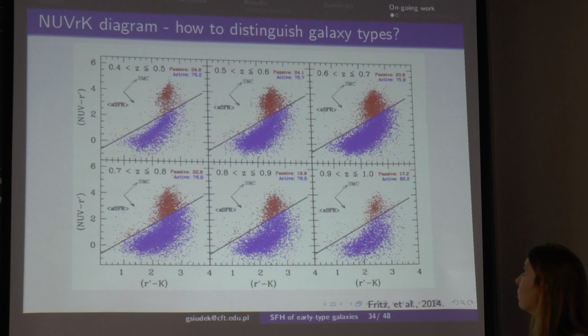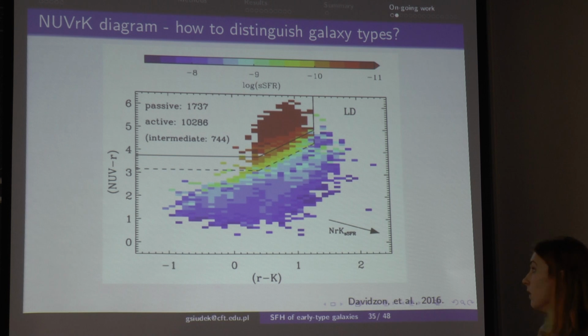This is the same color diagram that was on the first slide. This is the color diagram for VIPERS data done by Fries et al. 2014, who found elliptical galaxies and spiral galaxies in the VIPERS dataset.